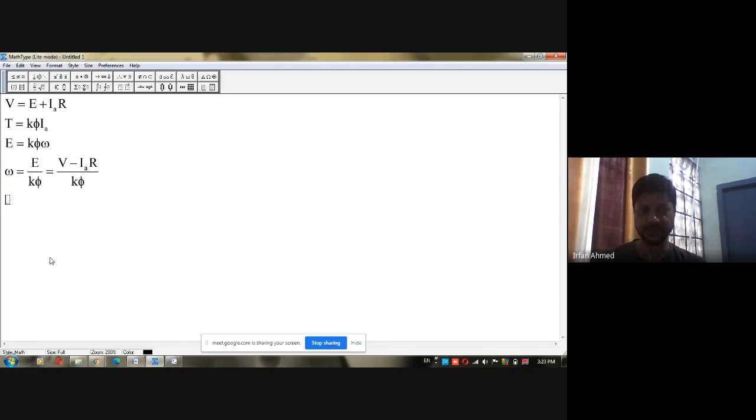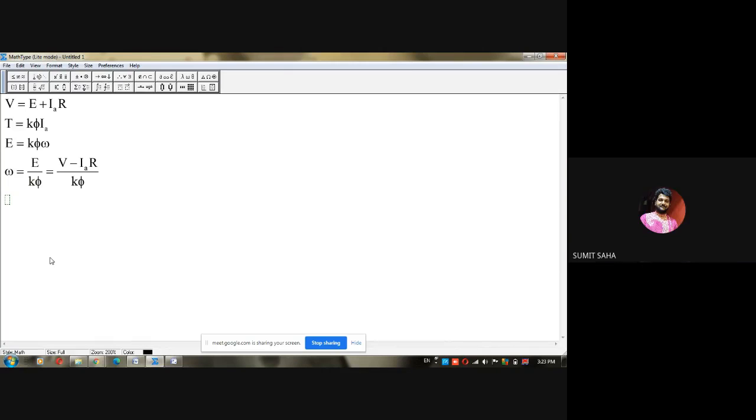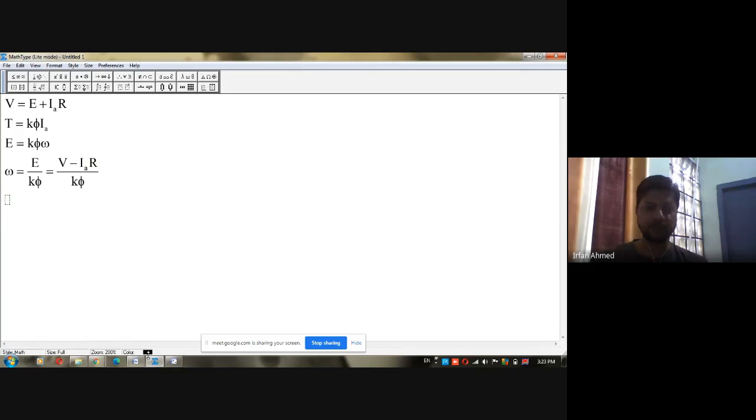If you change the armature current, the flux also changes. Correct? Yes, sir. Because the same current is flowing through the armature winding and the field winding, the armature current and field current are the same. So the armature current itself is responsible for the development of the field flux phi.